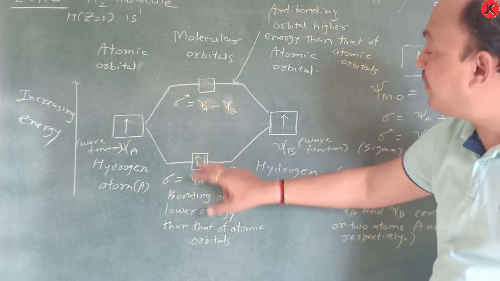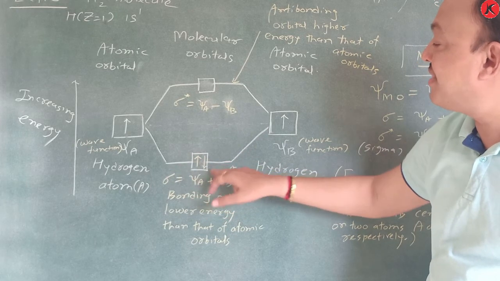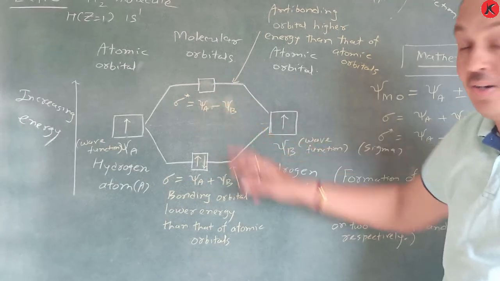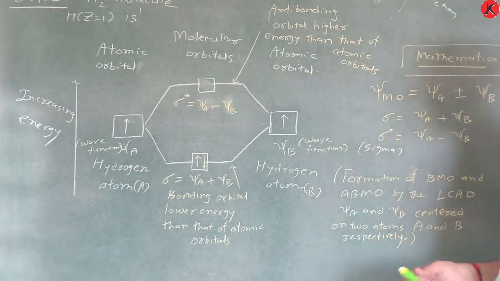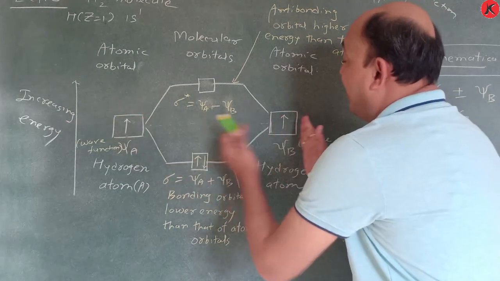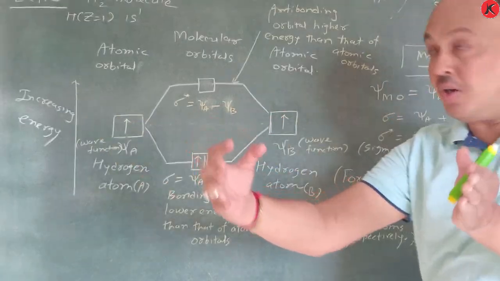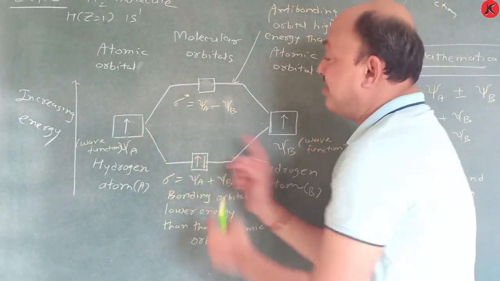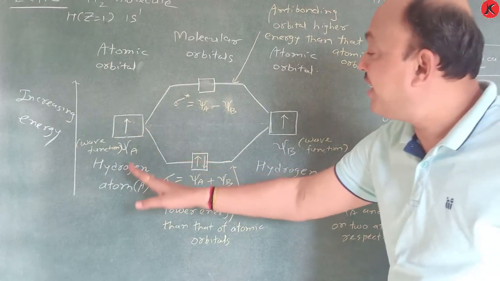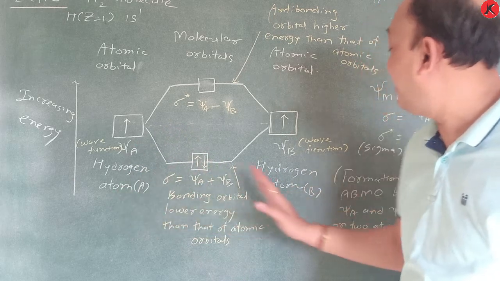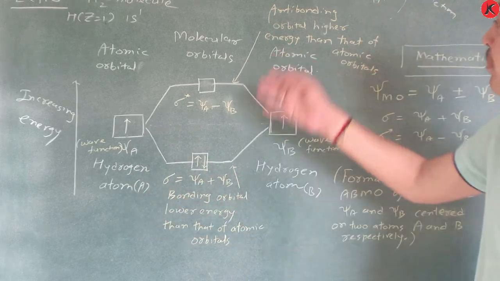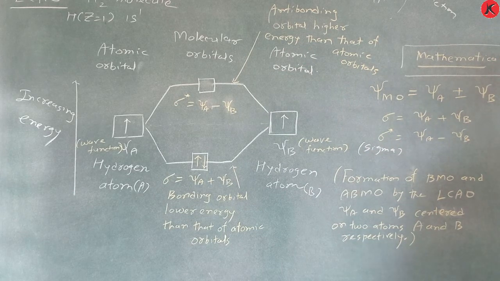Here attraction takes place, which is why two electrons are filled in the BMO, and in the ABMO there is no electron. So write it completely according to LCAO, the linear combination of two atomic orbitals. This is one atomic orbital, this is another atomic orbital, and the atom remains the same, hydrogen atom and here hydrogen atom, but this is the A atom and this is the B atom.